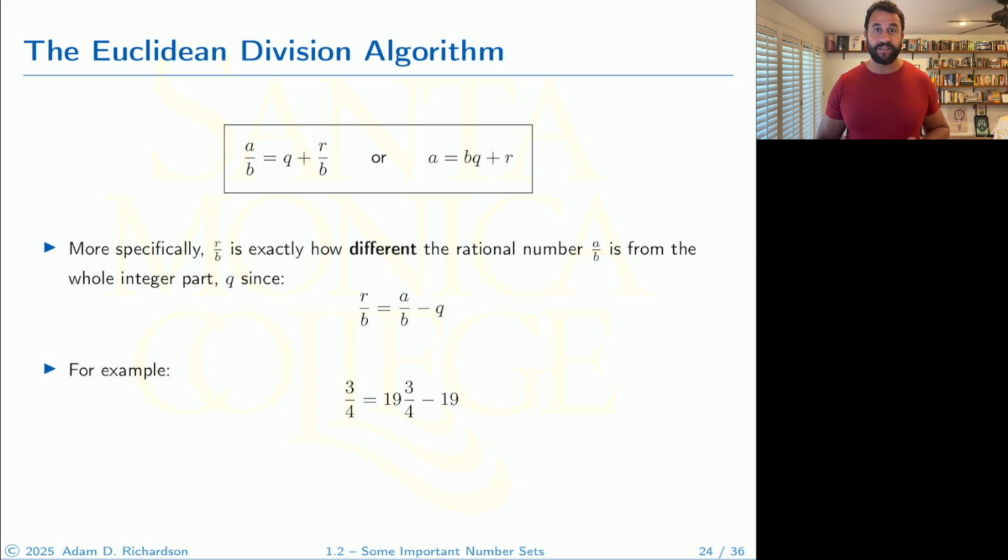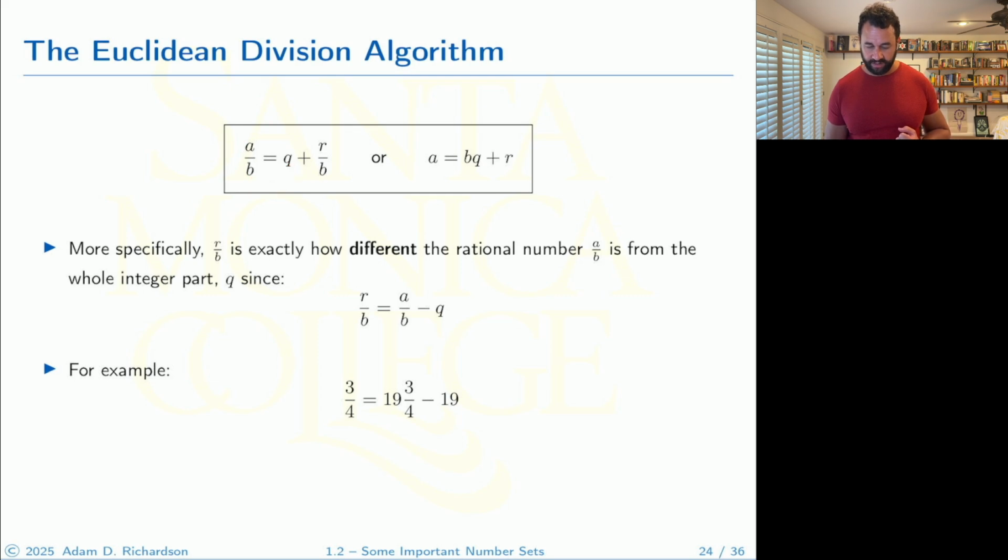Now, more specifically, this fractional part tells you exactly how different the rational number a over b is from the whole integer part. So this is an important interpretation. Remember that picture of the number line I just showed. r over b is how different the rational number is from its whole integer part. And that's specifically because, think about this equation, subtract q from both sides.